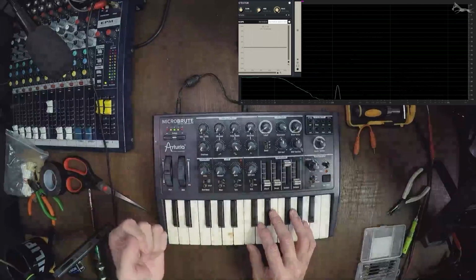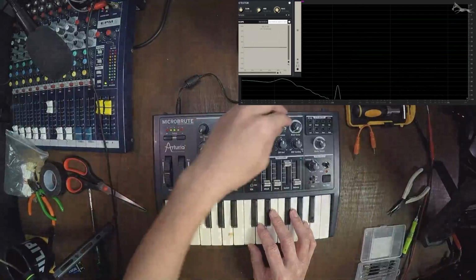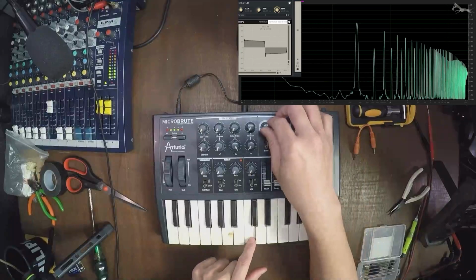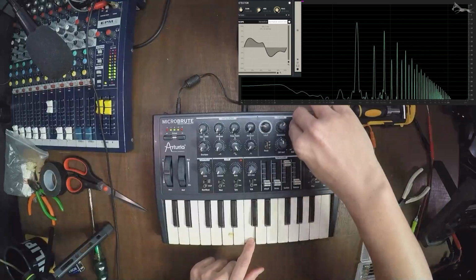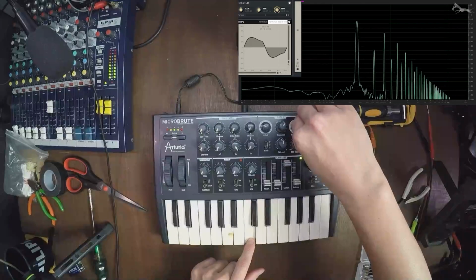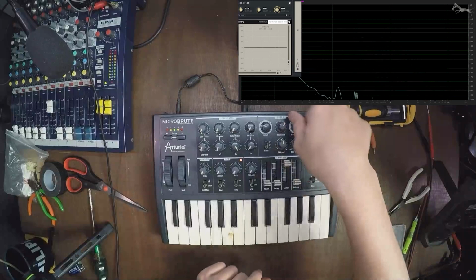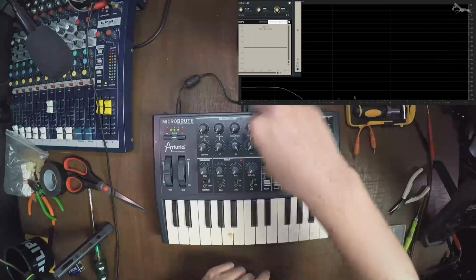Right, that sounds good. What we didn't try is the Brute Factor. So let's try. Okay, not sure what's happening there. I'm going to open up the filter, cut down the resonance.